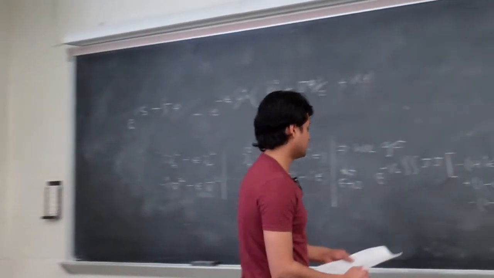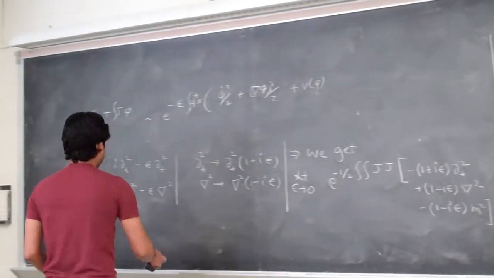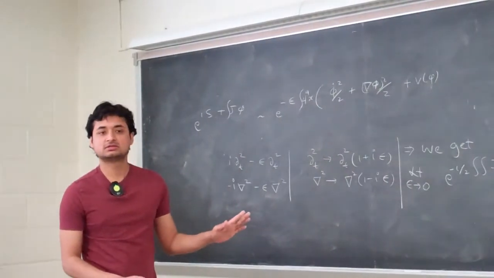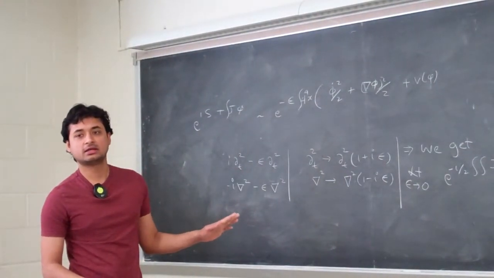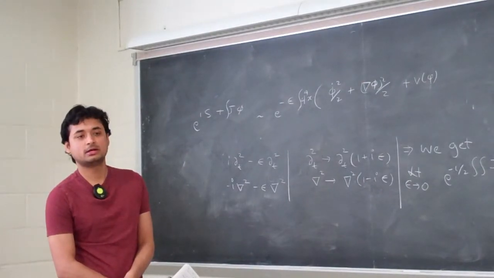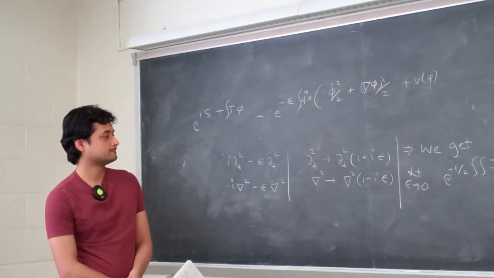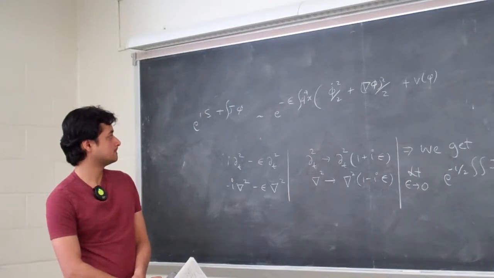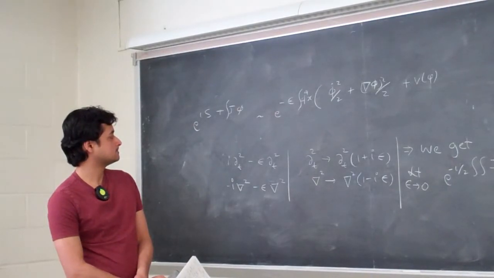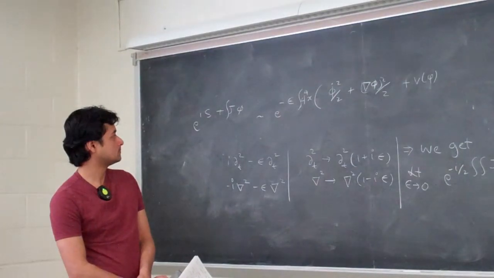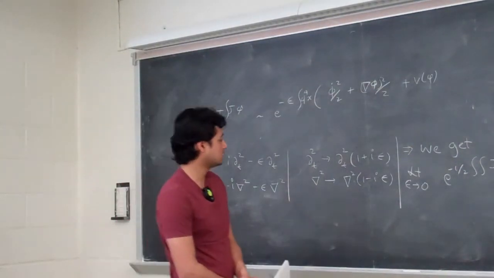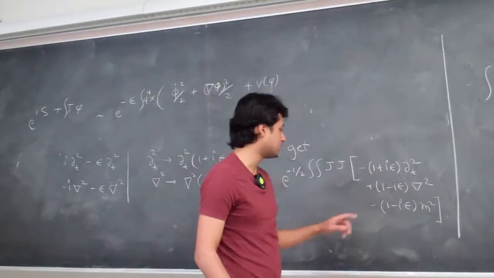So now let's keep going. By the way, is this fine? Anybody has any questions, at least about this part? Now there's something, I think my notes say this should be plus.